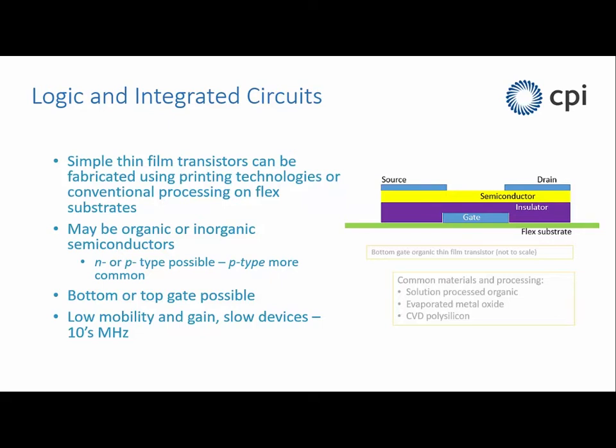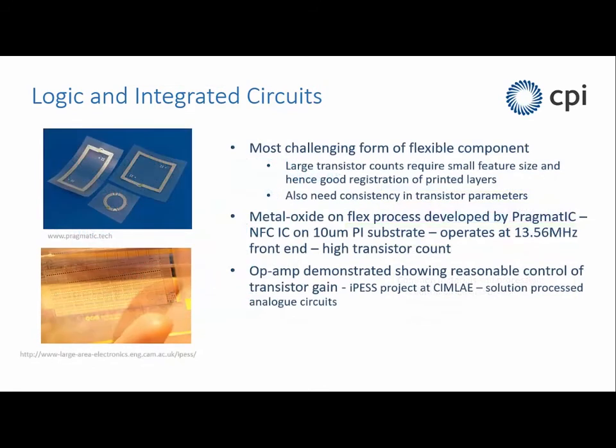I've seen this done using inkjet technologies, for example. So it is actually possible to print devices. But if you want to print large numbers of components, tens of thousands, then alternative processing techniques are going to be needed for that. But there are flexible integrated circuits around now, and we'll come back to this in the next slide.